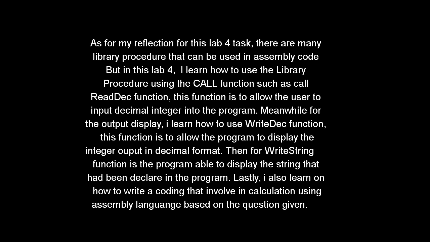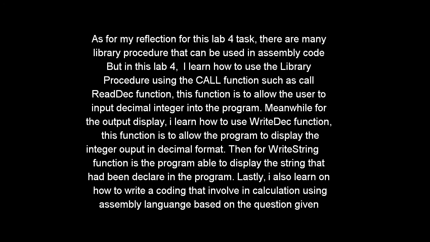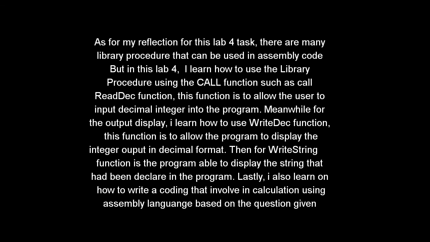As for my reflection for this lab 4 task, there are many library procedures that can be used in assembly code. In this lab 4, I learned how to use the library procedure using the call function, such as call ReadDec. This function allows the user to input a decimal integer into the program.